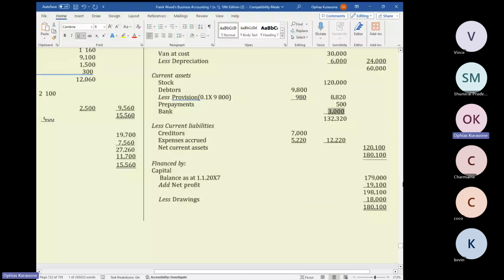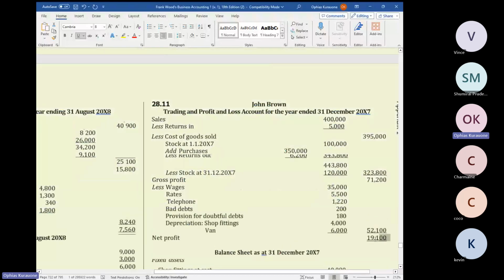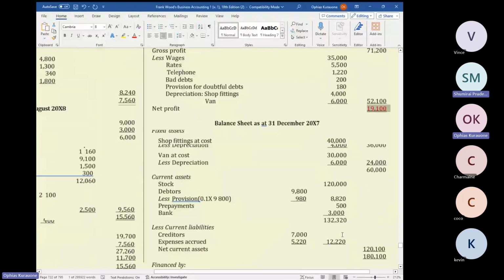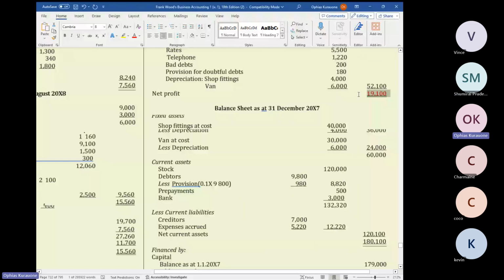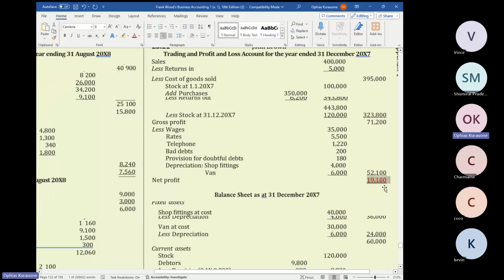Net profit, you bring the figure which you are going to get from the profit and loss account. That is what we add. Don't copy your neighbor's figure. We need your figure which you calculated on the profit and loss account. So the net profit is 19,100.